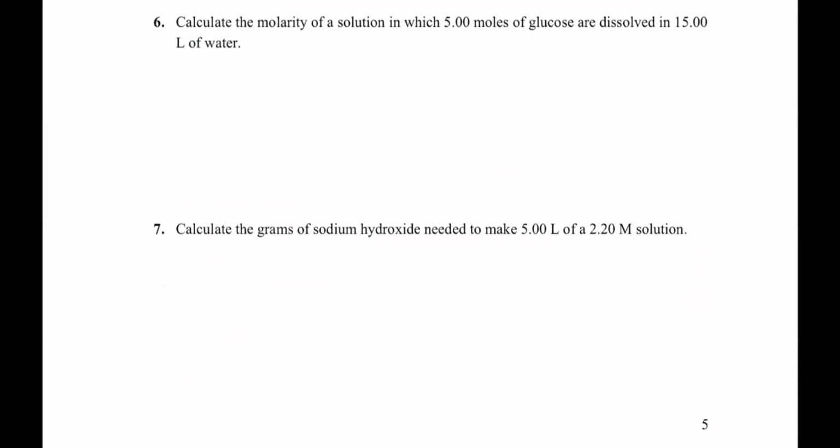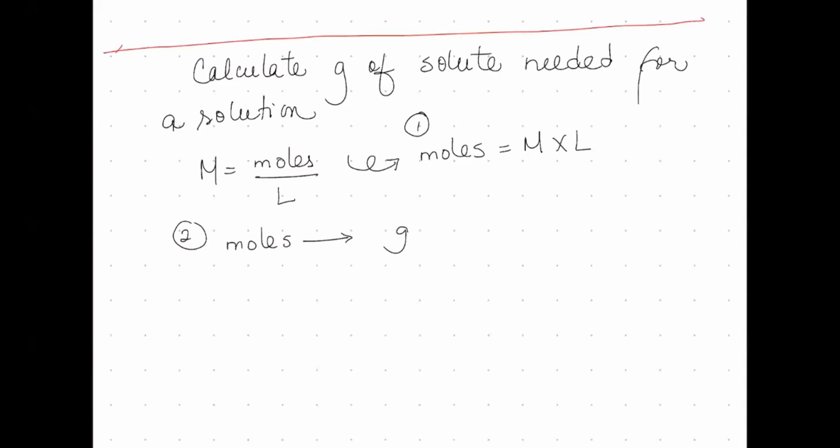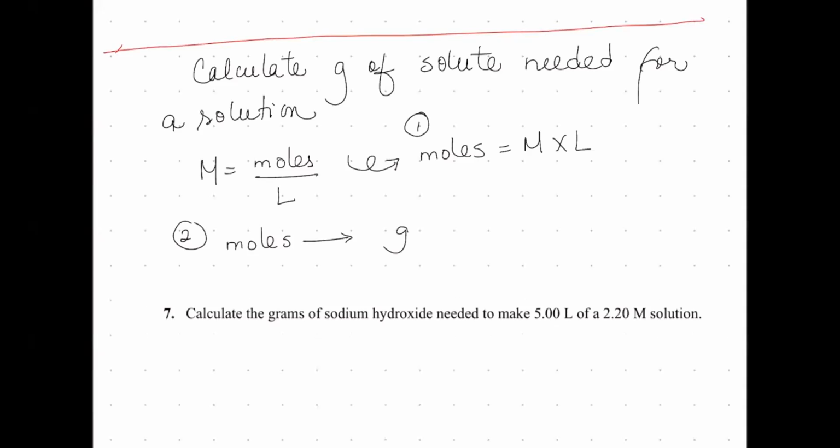Calculate molarity. Here we go. As you can see, this problem is asking you to calculate the grams of sodium hydroxide that you need in order to make specifically a solution that is 5.00 liters at a concentration of 2.20 molar, okay?